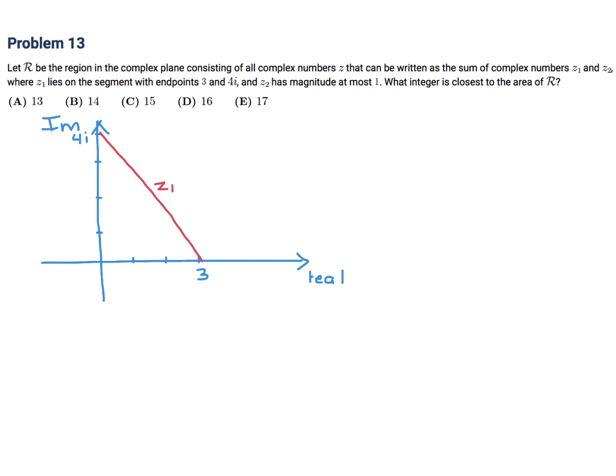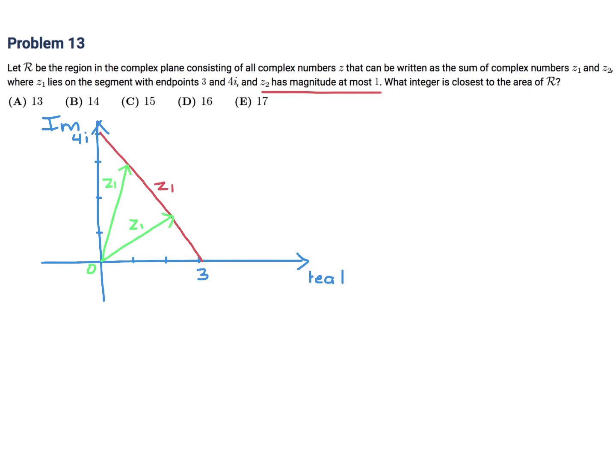Okay. Z2 has a magnitude of at most 1. So that means that Z2, I'll use a different color, can extend from Z1. So first let me just draw in Z1. For example, from the origin, if I drew that, that's a Z1 because it ends on that red line. Similarly, that's another example of Z1. It ends on that red line.